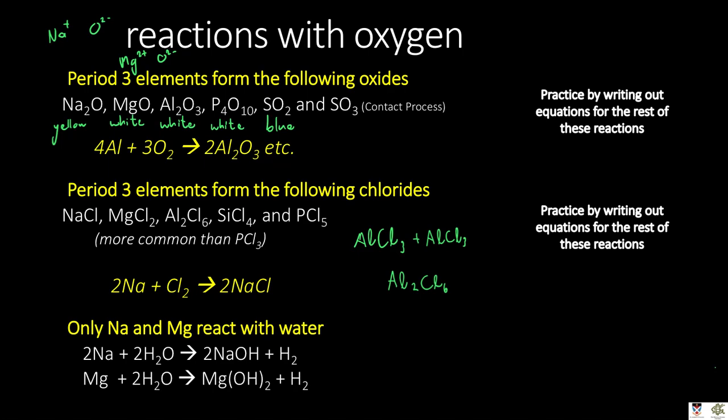One reaction which is not added on the slide here, I see at the top, is the reaction between silicon and oxygen to form the corresponding oxide, silicon dioxide, SiO2, and that is also a very slow reaction between the silicon and the oxygen. So let's just add that in here.